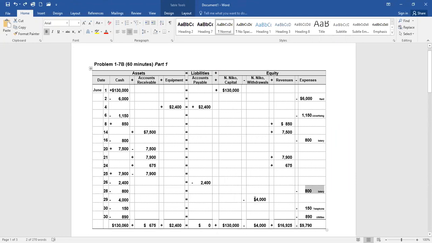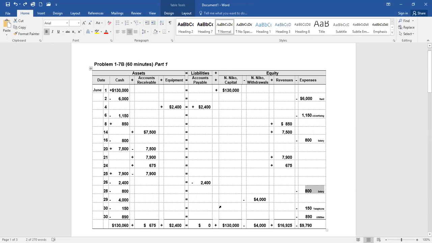She's the owner. So we're going to decrease the cash column because the money came out of the company's cash account, and we will show this as a withdrawal. Anytime the owner takes money out of the business, we show it in the withdrawals column, knowing, just like expenses, withdrawals have a negative impact on our equation.